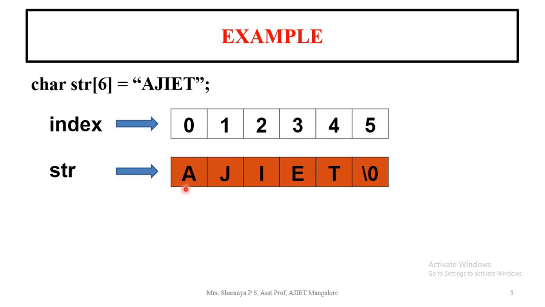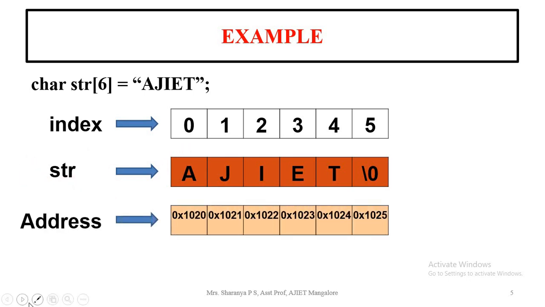If we want to refer to the first character, then we mention str of 0. As we have discussed previously, each data type will have different addresses and required memory locations to store those values. Characters take 1 byte of storage.